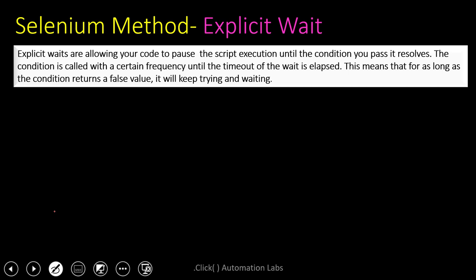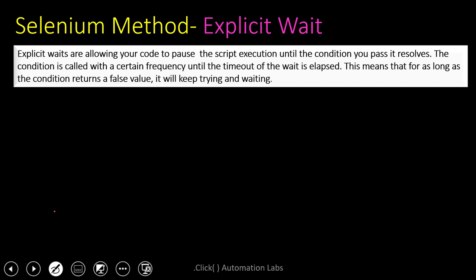It's something like we are traveling in a bus, and the bus driver will wait for all passengers to arrive. That is an implicit wait: doesn't matter, I will wait for only 1 hour.